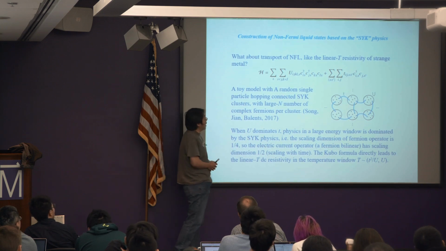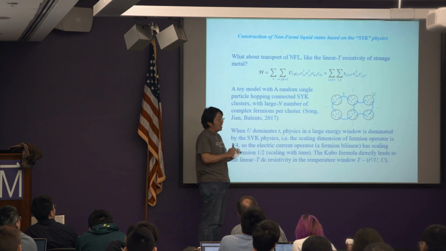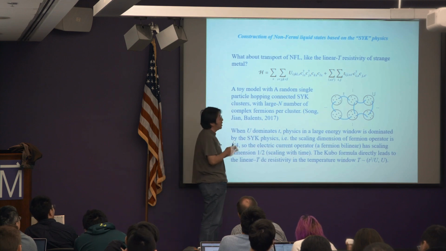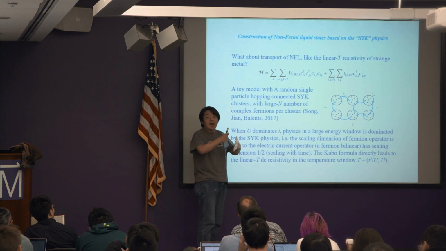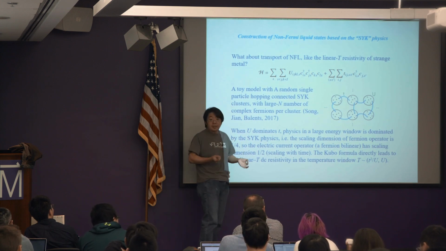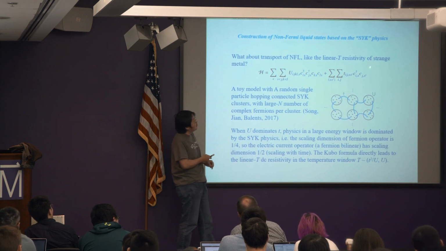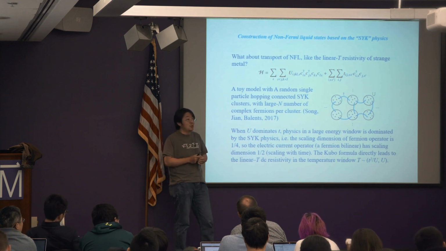As I emphasized many times before, the key of the SYK solution is that every fermion has scaling dimension 1/4, in terms of the scaling of time. Then the current operator, which can be derived from this tunneling term, is a fermion bilinear. It has scaling dimension 1/2.